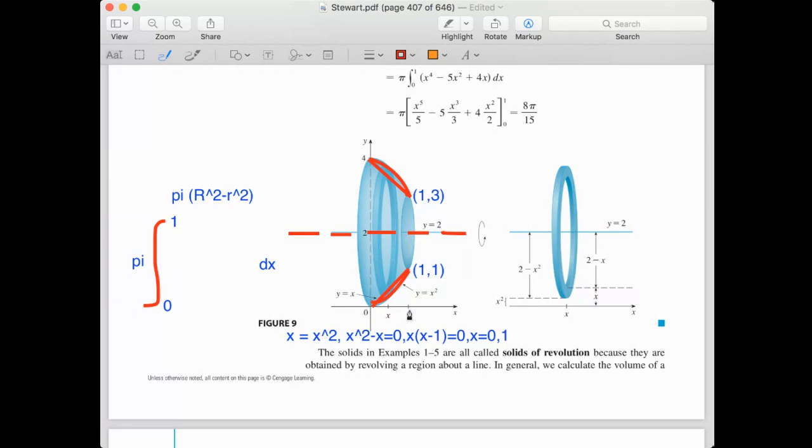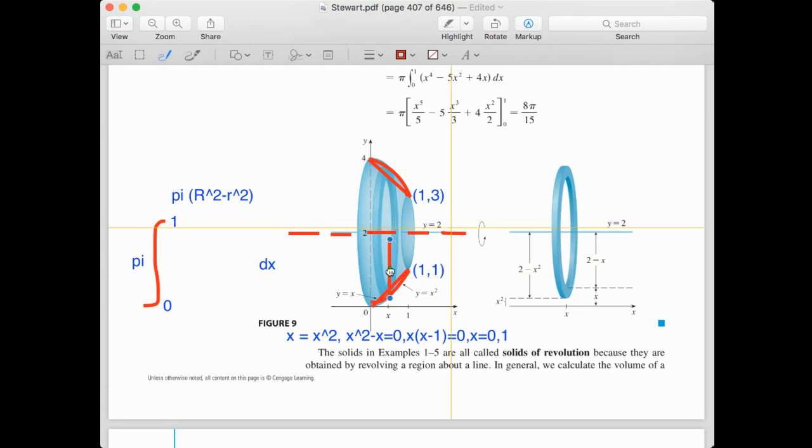Well, now let's figure out our big R. The big R is this curve, y equals x squared, right? That's the outside. So this R, let me draw one. So let's say R for the outside one.